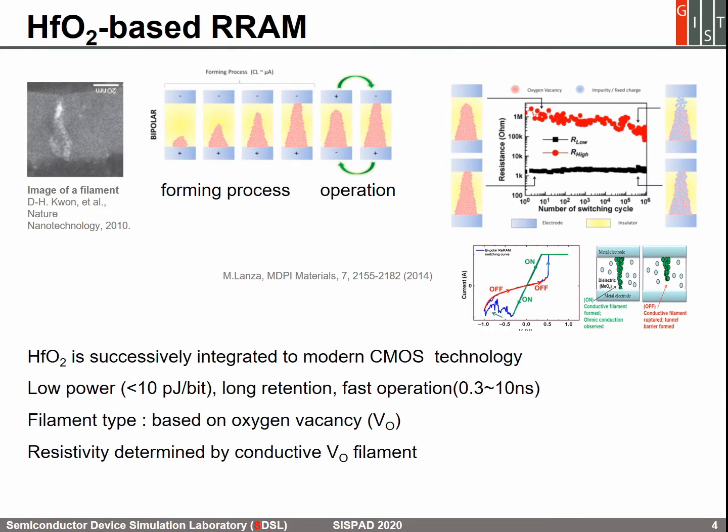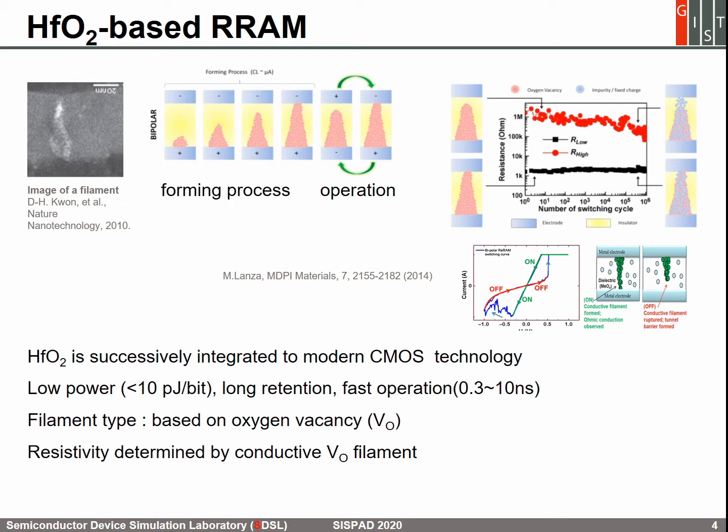Among many possible materials, especially the hafnium oxide-based RRAMs are widely adopted. It can be successfully integrated into the modern CMOS technology. From the viewpoint of power, stability, and operation speed, the hafnium oxide-based RRAM exhibits superior performance.